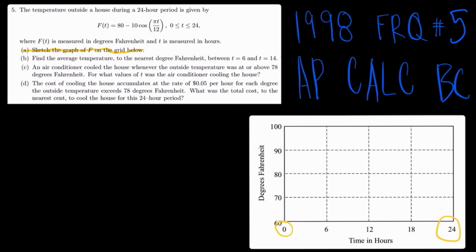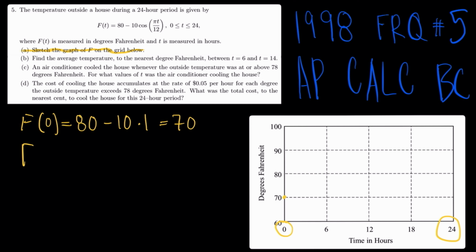And if you know your unit circle, you'll also be able to recognize that cosine of 0 is equal to cosine of 2 pi. We have f of 0 equals 80 minus 10 times 1, because cosine of 0 is 1, which equals 70. So I'll plot that point.